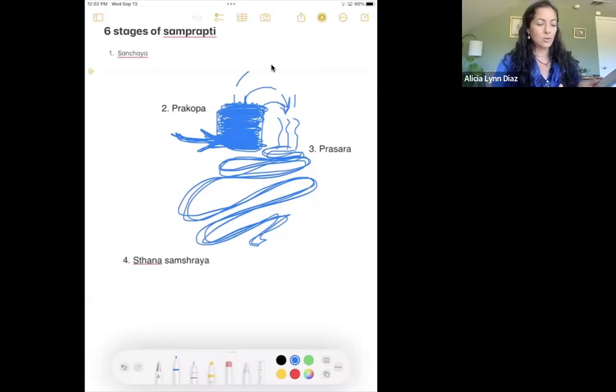It goes to Rasa, Rakta, Mamsa, Meda, Asthi, Majja, Shukra, or Artava. So it goes through this process of trying to put its excess into Rasa, put its excess into Rakta, put its excess into Mamsa, Meda, Asthi, Majja, Shukra, or Artava.